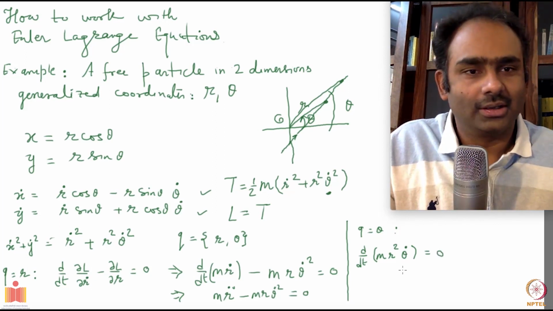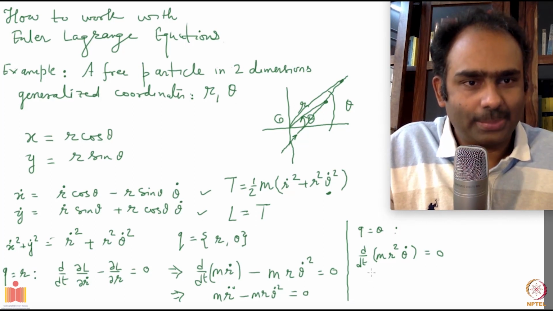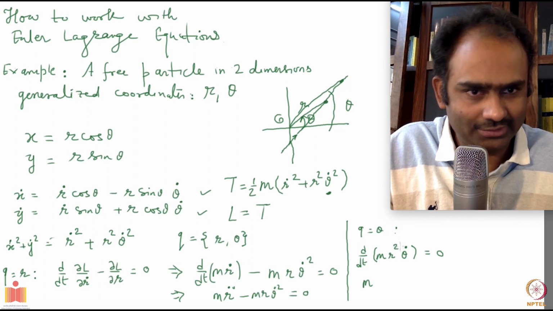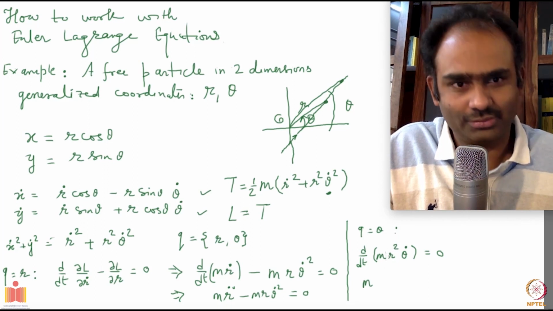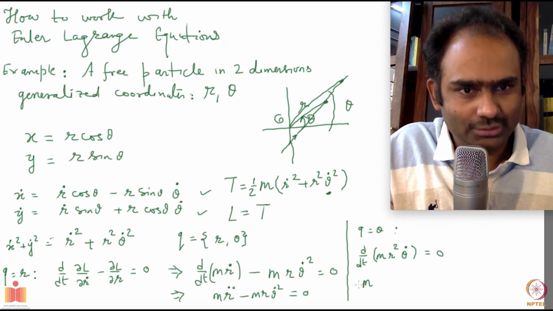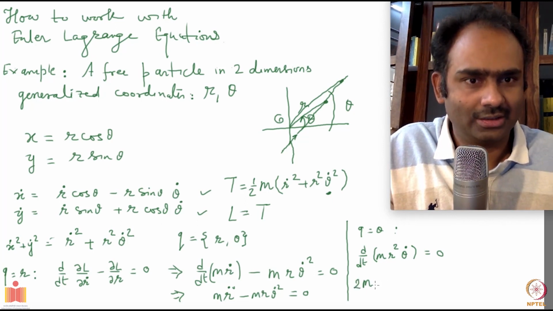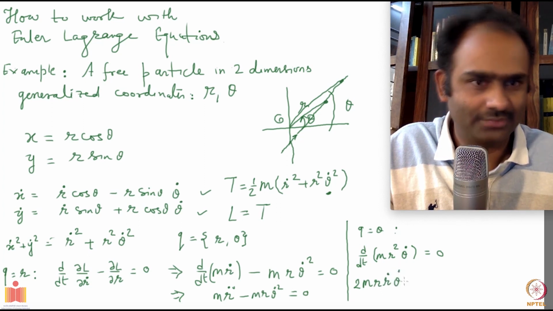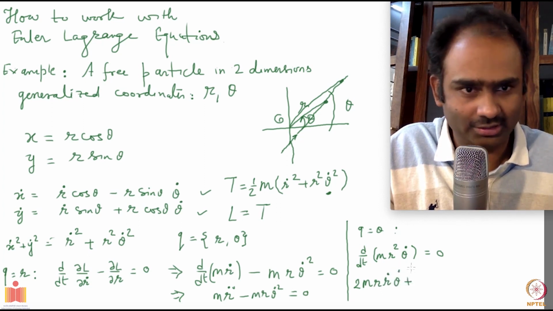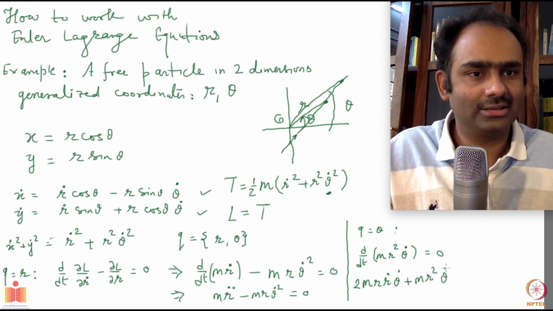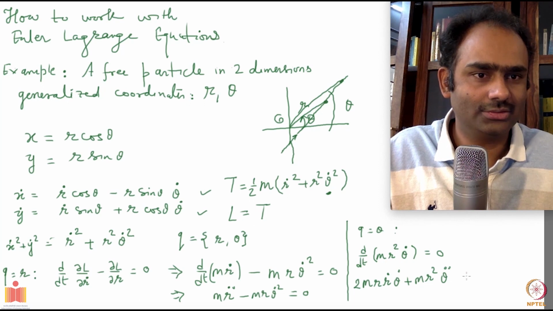Perfect. No mistakes. So now I can write this down as m. I take the derivative of r square, total time derivative. I'm just doing the chain rule. So you get 2 r dot theta dot. Next I differentiate the theta dot term, so I get m r square theta double dot equal to 0.